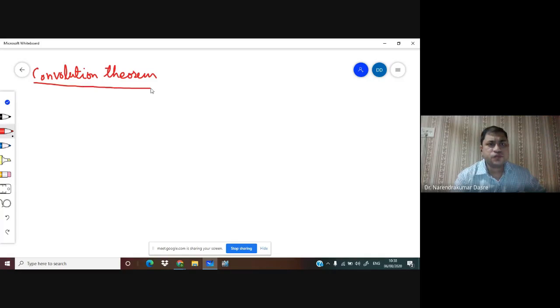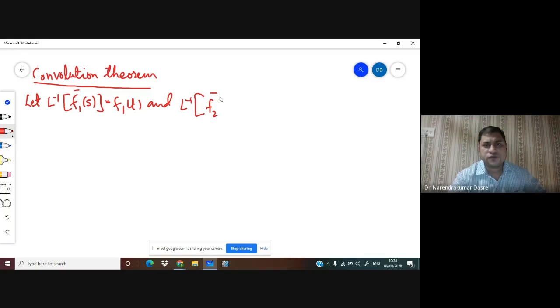We have seen the convolution theorem. So in short, I'll revise it. Suppose the Laplace inverse of f1 bar of s is equal to f1 of t, and the Laplace inverse of f2 bar of s is equal to f2 of t.